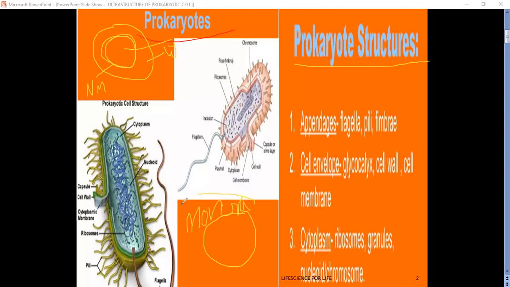In Monera, the most important prokaryotic example is bacteria. Bacteria are the most important prokaryotic organisms, and because of their economic importance in our life, in our industries and in our lifestyle, there are a large number of benefits and harmful things of prokaryotic organisms.